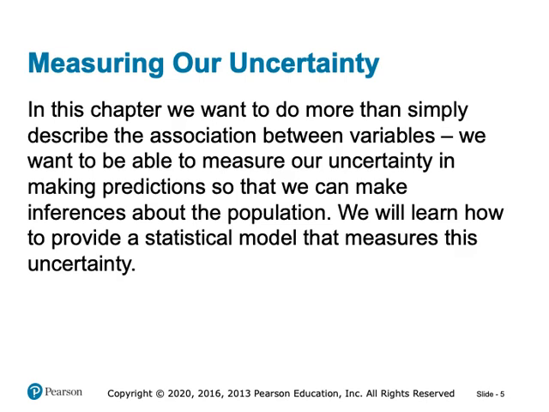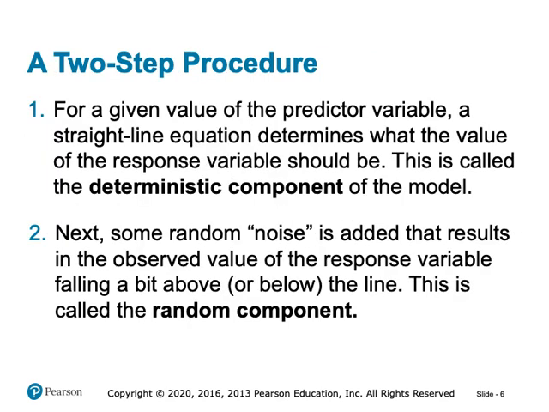prediction and decision-making. To build a solid understanding of how the linear regression model works, we need to break it down into its fundamental components. The model we use in regression can be thought of as operating in two main steps, each contributing to how we predict the response variable. One, deterministic component. The first step involves the deterministic component of the model.